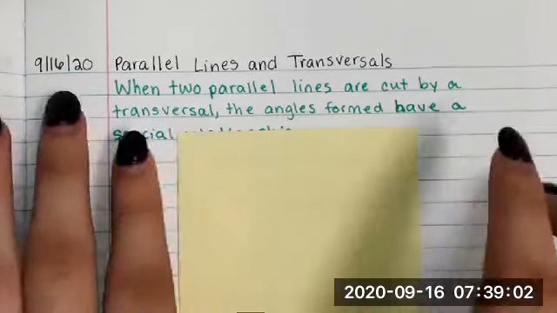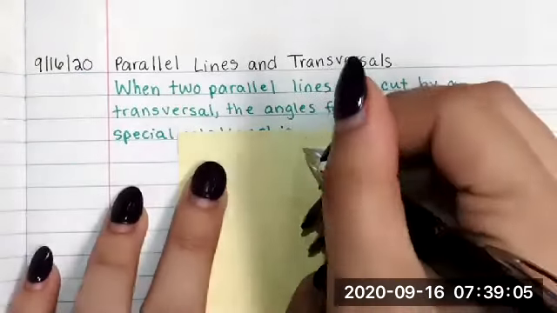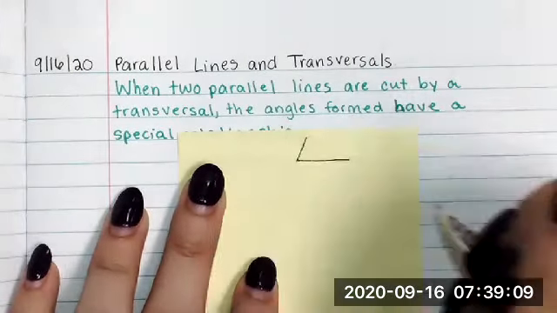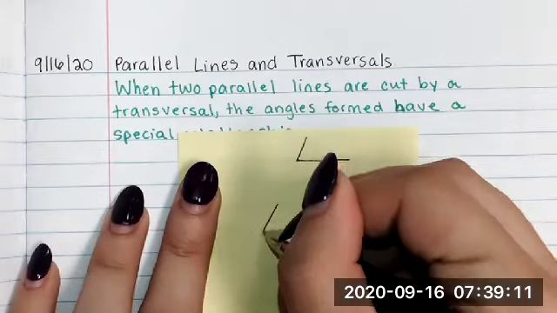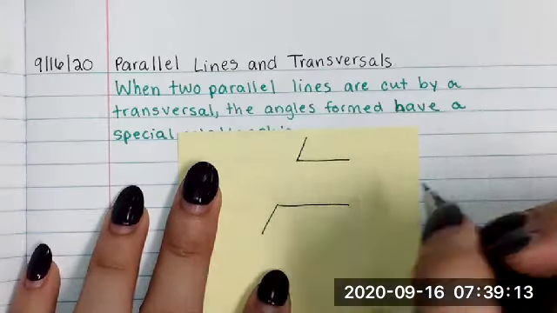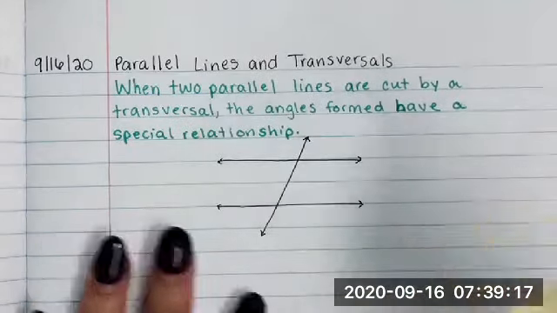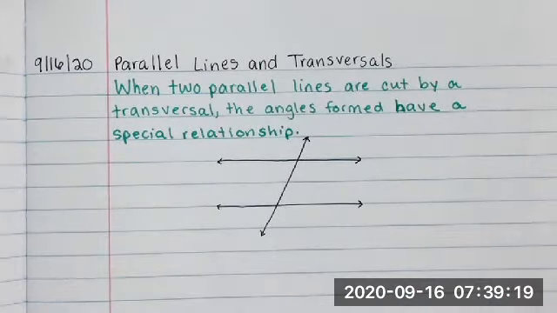So just real quick, I'm going to trace over two of the angles formed, and I'm going to demonstrate something very fascinating. I really should have this stuff prepared beforehand, but we live and learn.